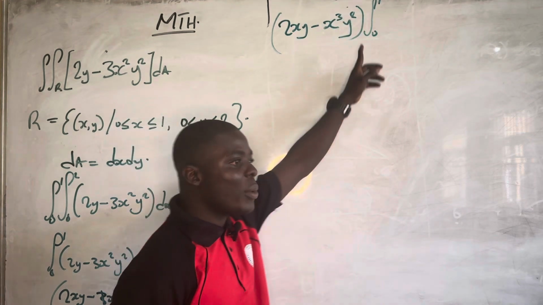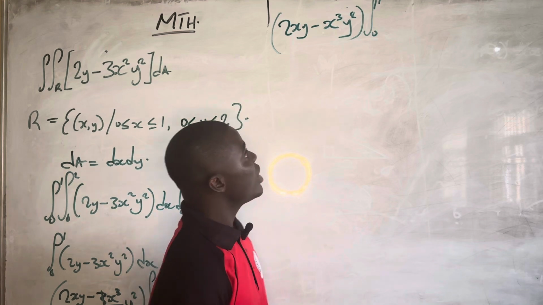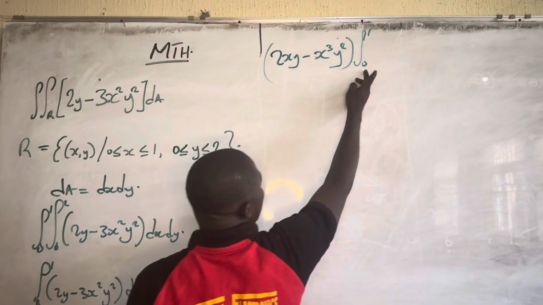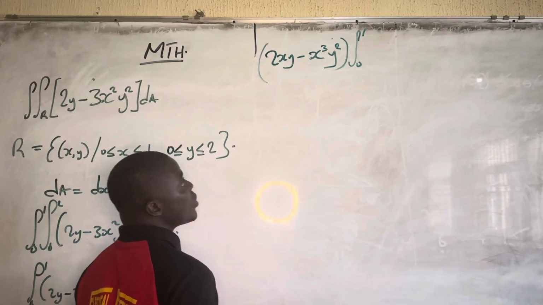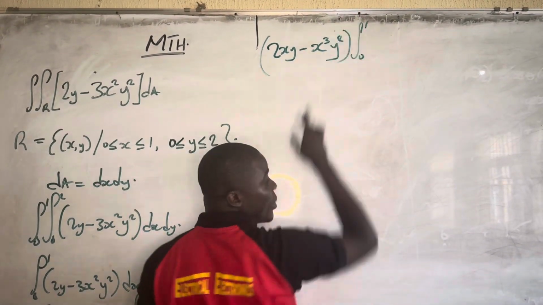Whenever we have range values in mathematics like this, it simply means I can take the upper bound, which is 1, and substitute it for x.